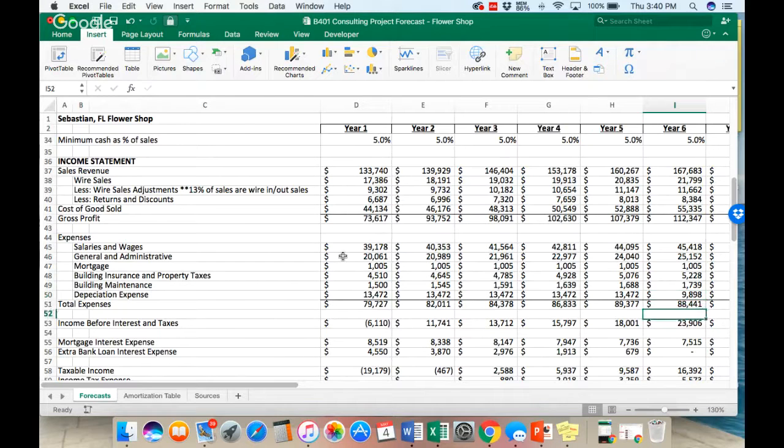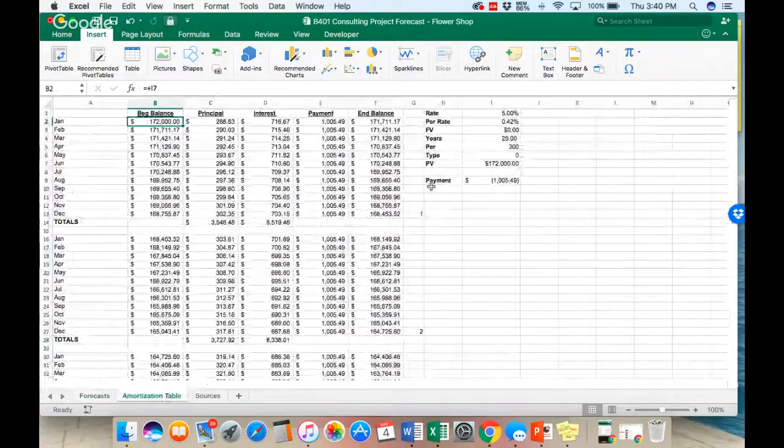Then moving on down here to the income before taxes and interest, that's just taking our gross profit minus our total expenses. And then our interest expense was calculated based off of what we figured over here in our amortization table, and we have the rate as 5%. So that's how that was calculated.